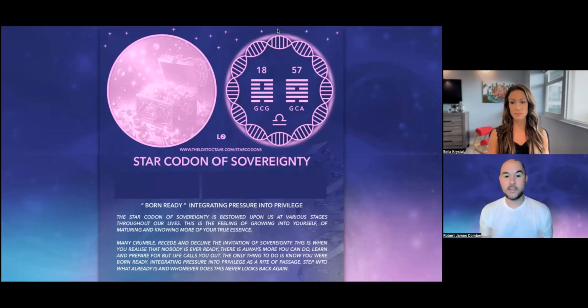So again, I'll read just so you can feel the sense of this transmission and what these two gates are. The star codon of sovereignty is bestowed upon us at various stages throughout our lives. This is the feeling of growing into yourself, of maturing and knowing more of your true essence. I'll just take that for a moment because within each sentence, with each paragraph, and the transmission's obviously longer than this, we start to see that sovereignty isn't this end goal.